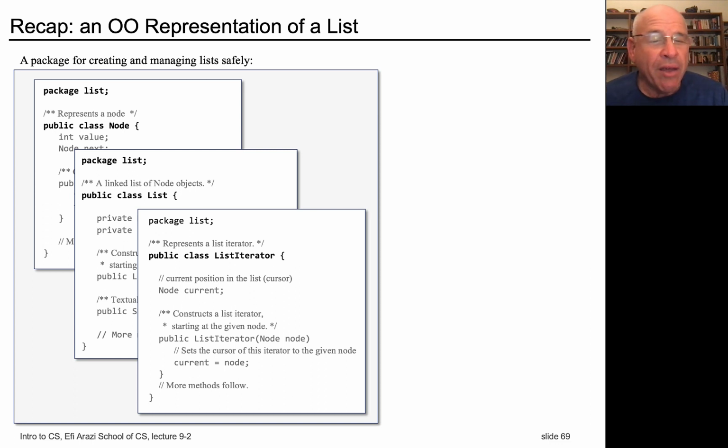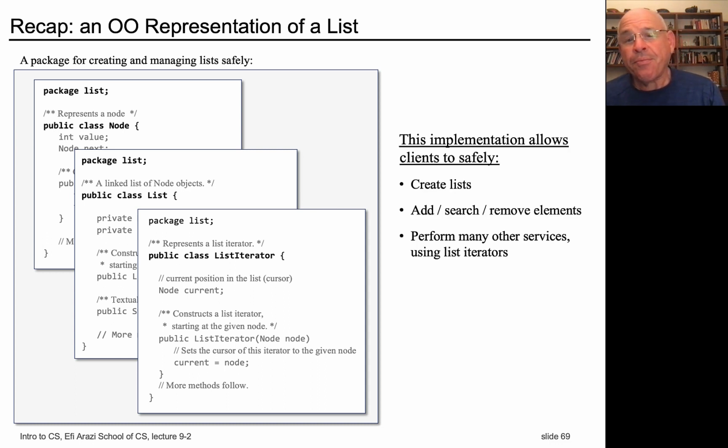List iterator will give them the ability to do that. So this implementation allows clients to create lists, to perform all sorts of operations on lists, and to do everything safely without accessing the pointers from outside the list object.